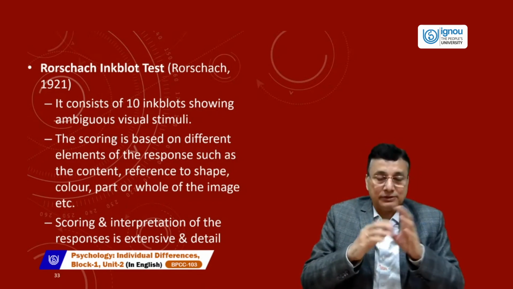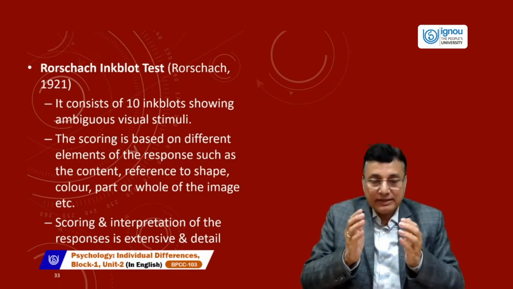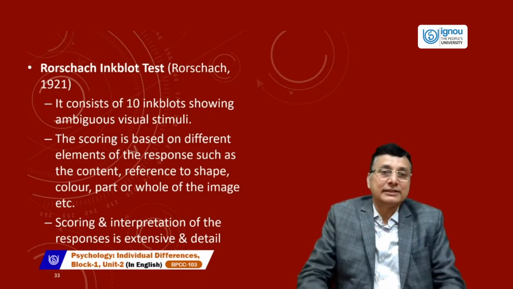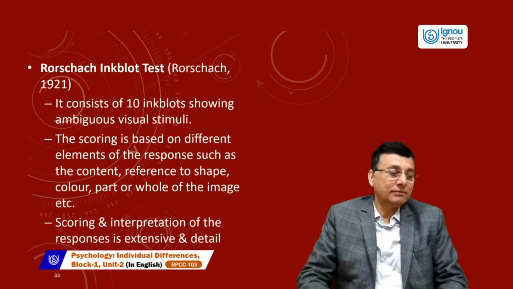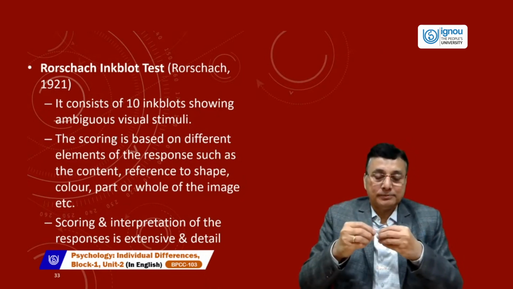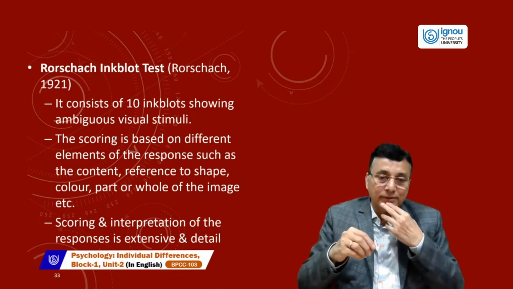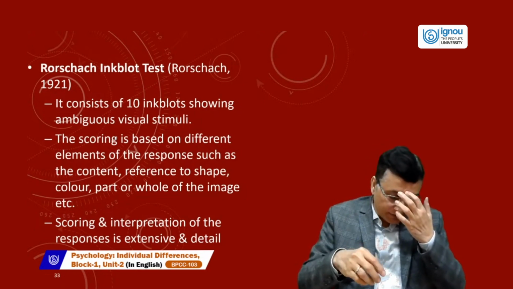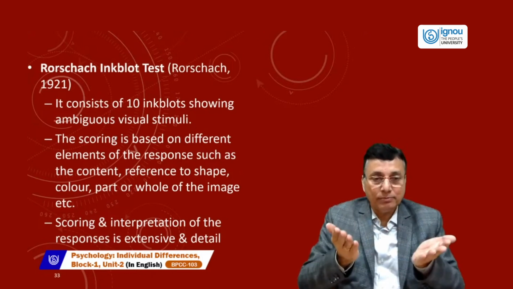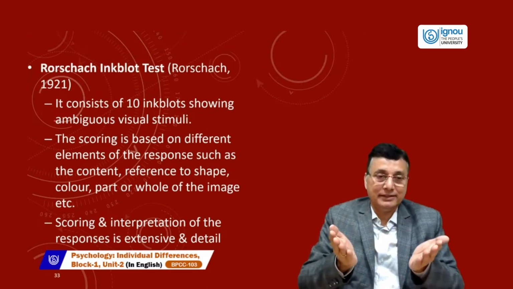Basically there are 10 plates or cards on which the designs are there. So what type of design? If you might have seen the cards, if you sprinkle some ink on a paper sheet and then fold it, and after that you open it, there will be a symmetrical design.